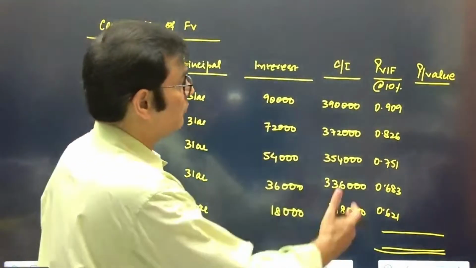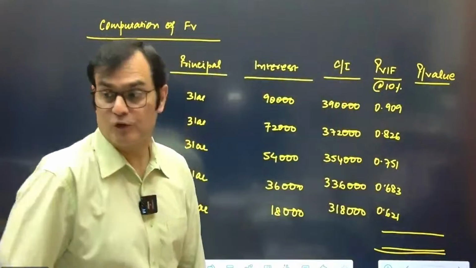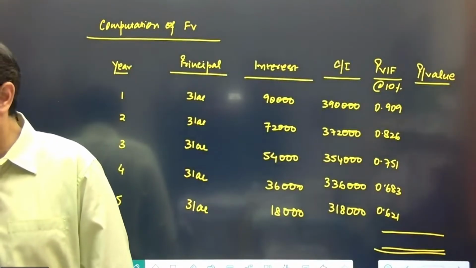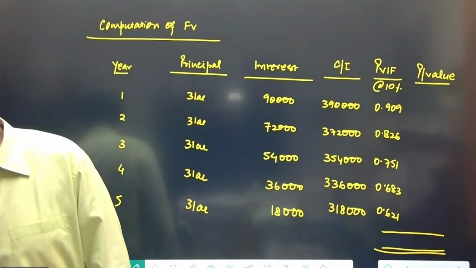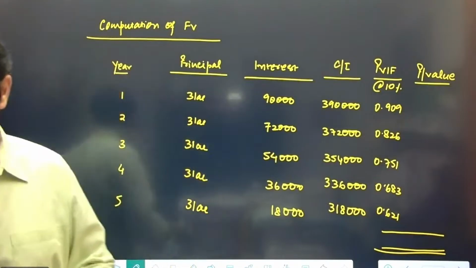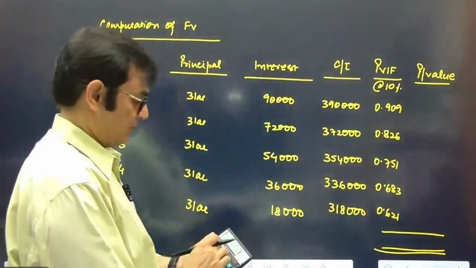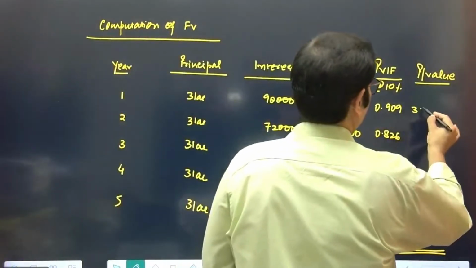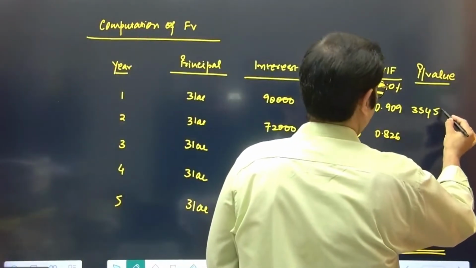So would you like to give me what is the present value of all these inflows put together? Couple of calculations indeed. So 390 into 0.909 is 354,510.